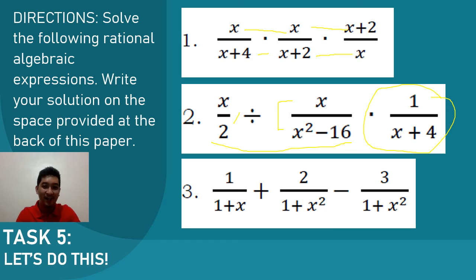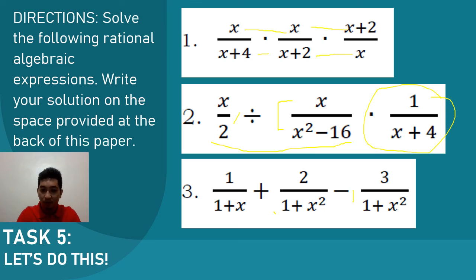Let's go with number 3. Ito ay addition and subtraction. So, you have 1 over 1 plus x plus 2 over 1 plus x squared minus 3 over 1 plus x squared. PEMDAS, A and S, same value, addition, subtraction. So pwedeng mauna yung plus, pwedeng mauna yung minus. Kapag ganon, kung ano yung nauna dito, yun yung uunahin mo.